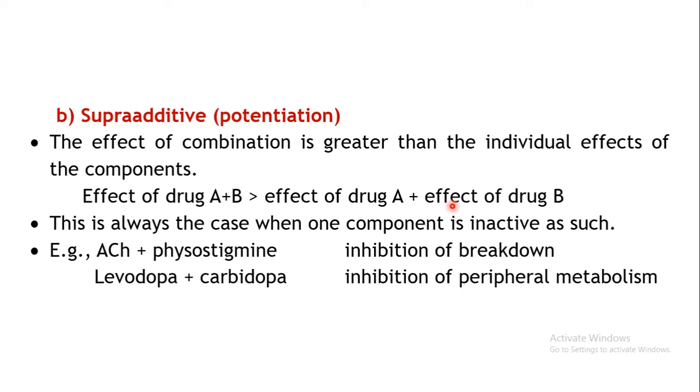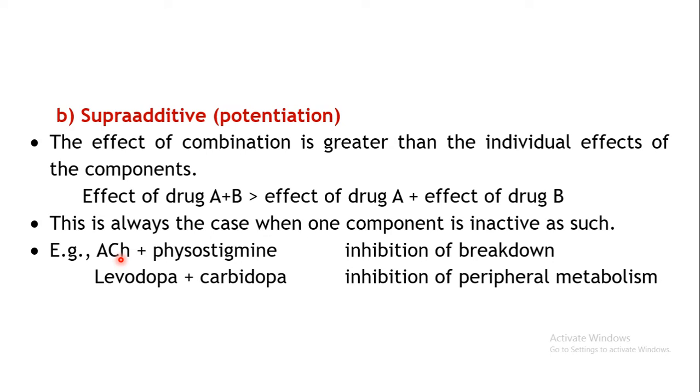In this situation, mostly one of the components is inactive as such. It does not have that particular therapeutic property. Like, for example, acetylcholine. Acetylcholine is actually a neurotransmitter at the parasympathetic division, right? So it may alter several physiological functions.